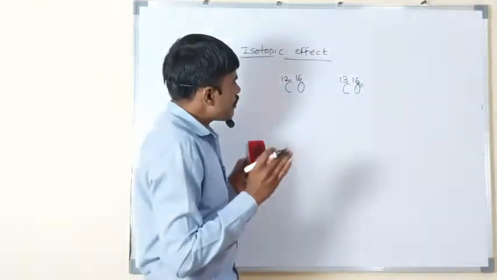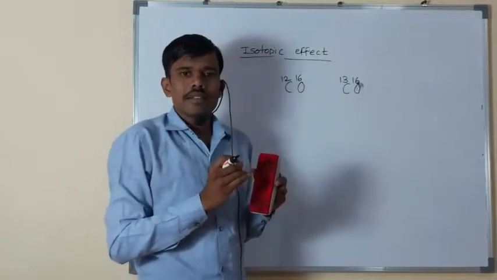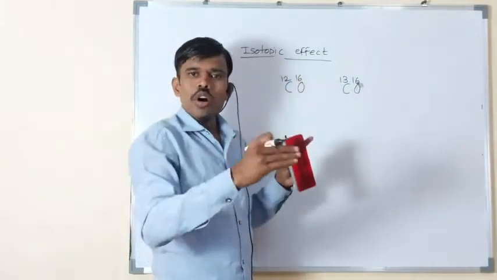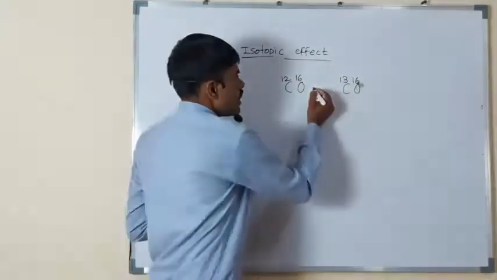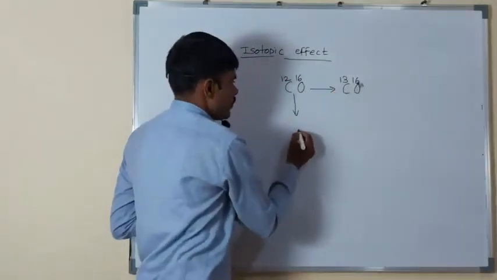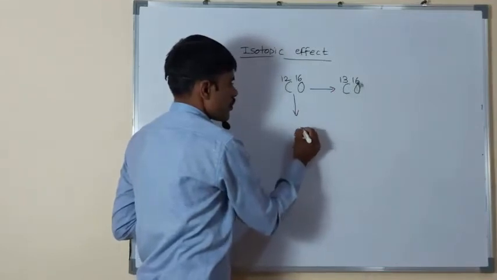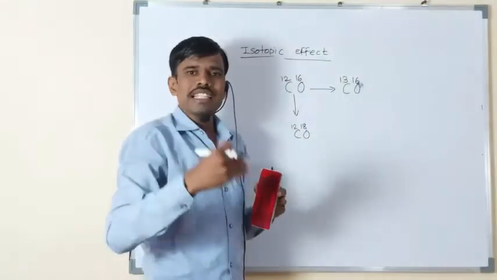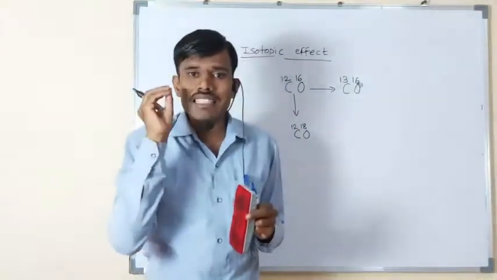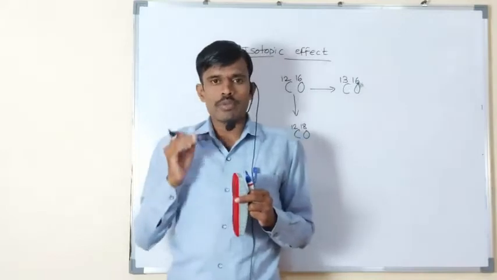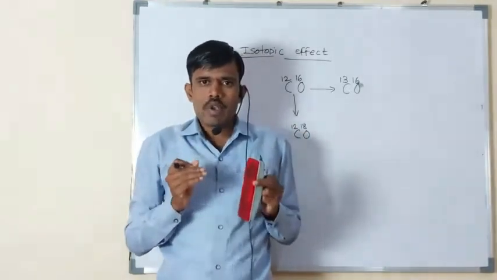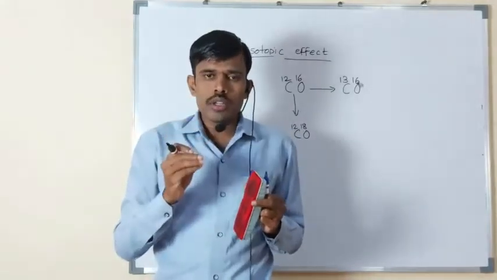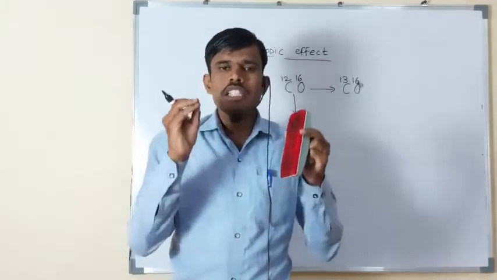Or you can replace oxygen from oxygen 16 to oxygen 18. So the replacement of one atom with its isotope results in changing the rotational spectra of a molecule. So today we are going to learn about effect of this isotopic substitution on rotational spectra.